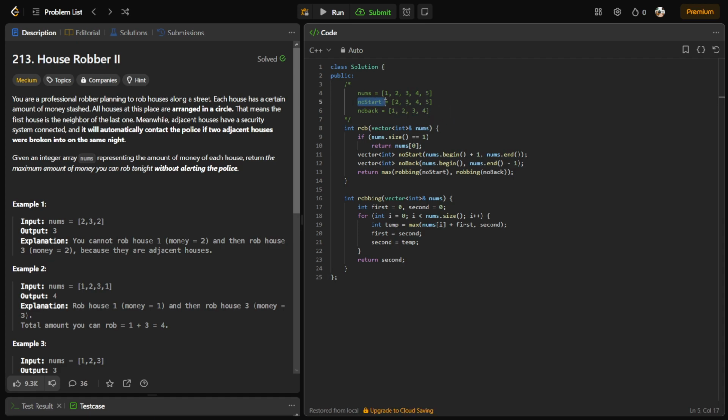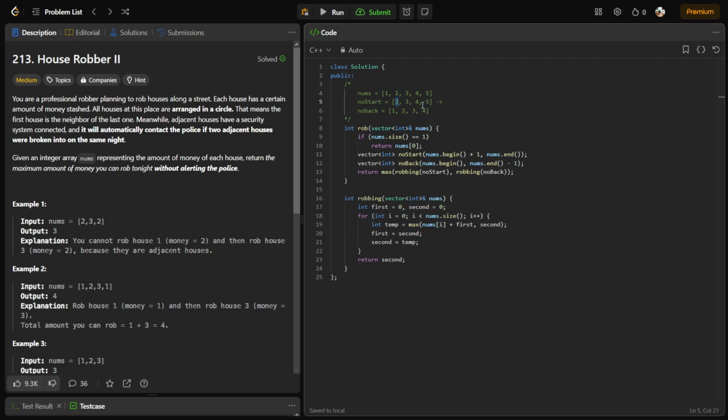So once I have these two houses, I run my robbing function on both of them. So now we're just treating this as a single row of houses, which means that for this house, the left neighbor is not this anymore, right?